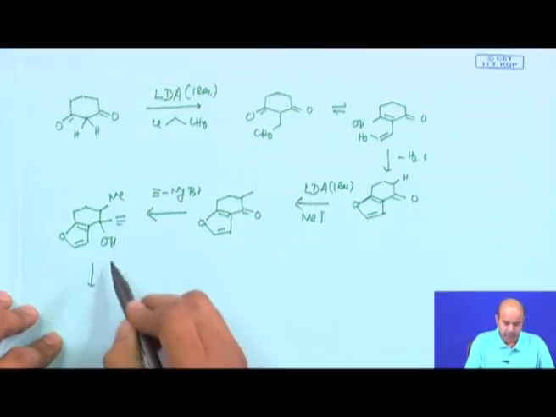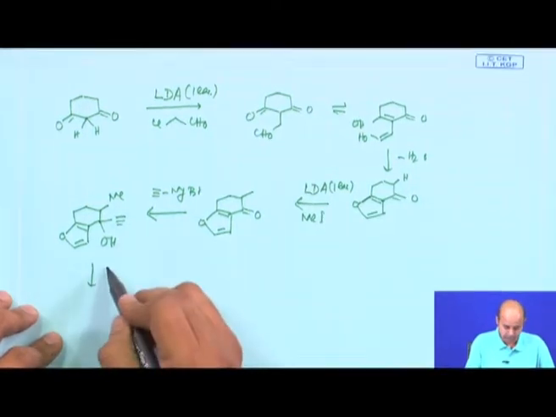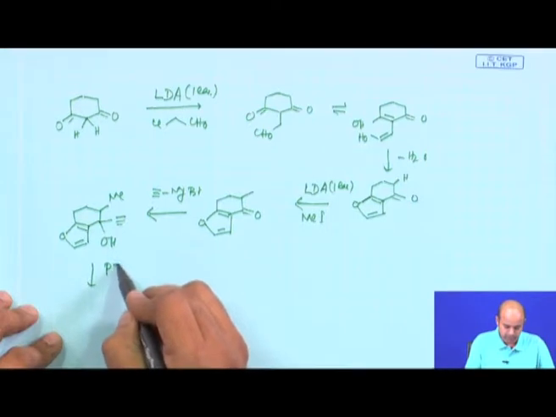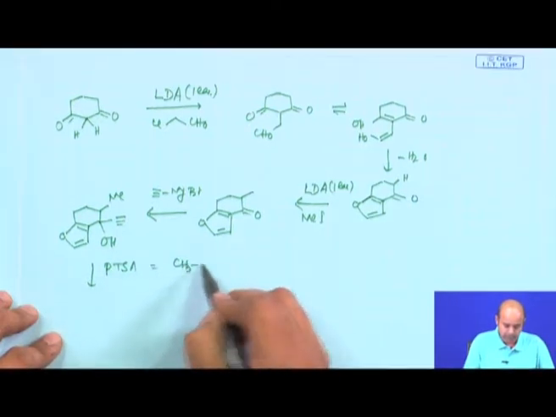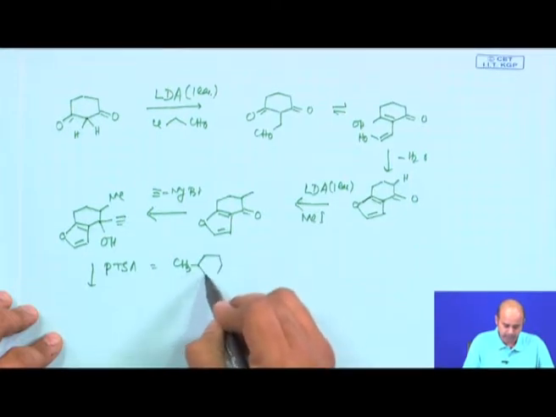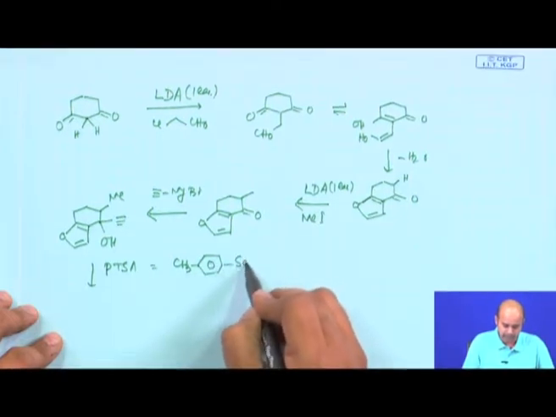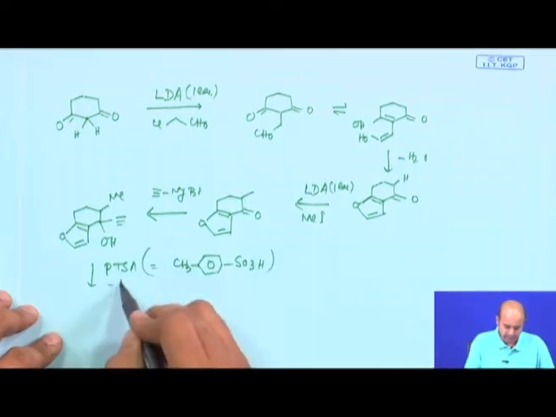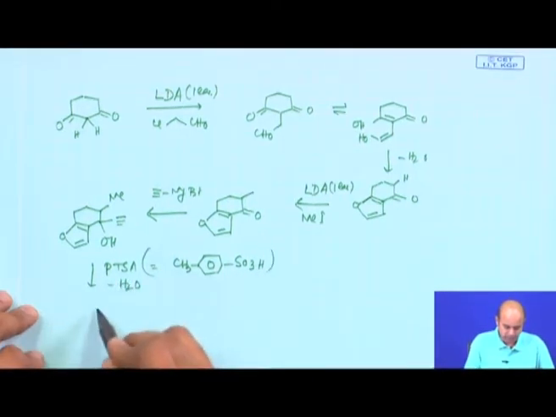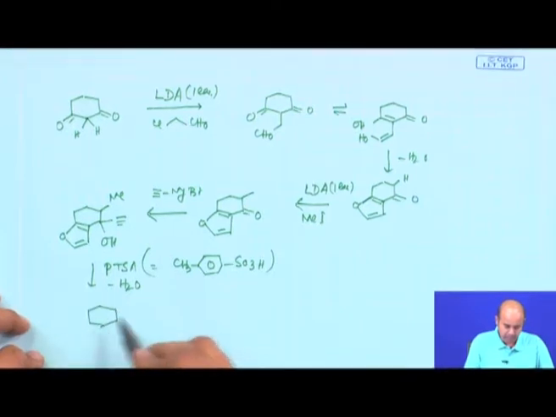Next we said you just do a dehydration reaction by treating this compound with PTSA. What is PTSA? PTSA is para-toluene sulfonic acid, which is a dehydrating agent, and then you will undergo a 1,2 elimination, which will lead you to the target molecule.